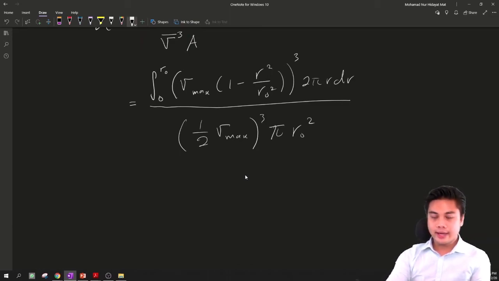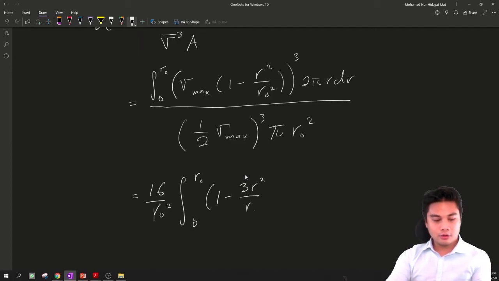Finally you will get 16 over r naught squared integral, because 2 to the power of 3 is 8, 8 multiplied by 2 is 16. The integral from 0 to r naught of the simplified expression: 1 minus 3r squared over r naught squared plus 3r to the power of 4 over r naught to the power of 4 plus r to the power of 6 over r naught to the power of 6, dr.